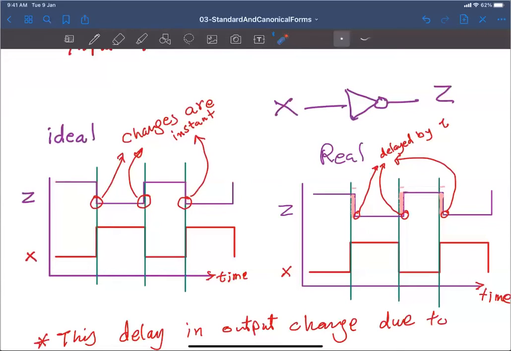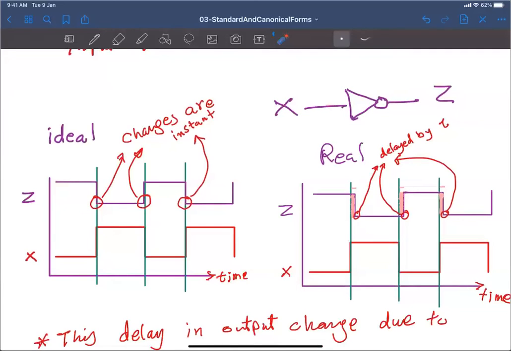However, in real life, or in practice, this signal is shifted to the right by some milliseconds, or let's say maybe nanoseconds or picoseconds in new technologies. It's shifted to the right by a very small amount of time, especially for the inverter, which is a high-speed circuit.